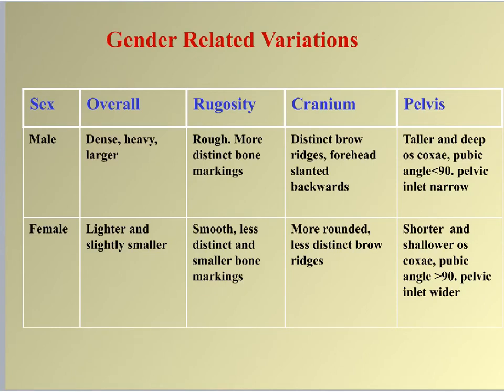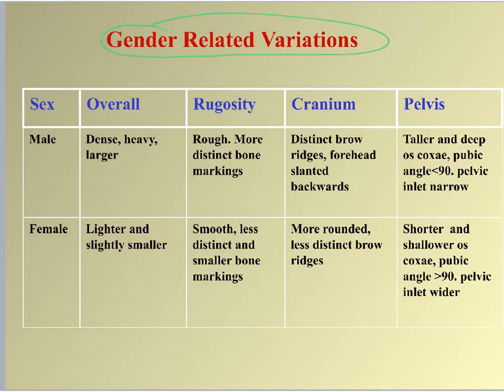Okay, at the beginning of the lecture, I mentioned or I stressed that there are going to be variations. There can be a number of different variations in individuals' skeletal systems based on lifestyle or age, but there are also gender or sex-related variations. And so if you just had a skeleton, if we were in class, I'd be able to show you this, but if we just had a skeleton, no soft tissue present, there are some indicators in the skeleton that can help you to identify whether the skeleton belongs to a male or a female.